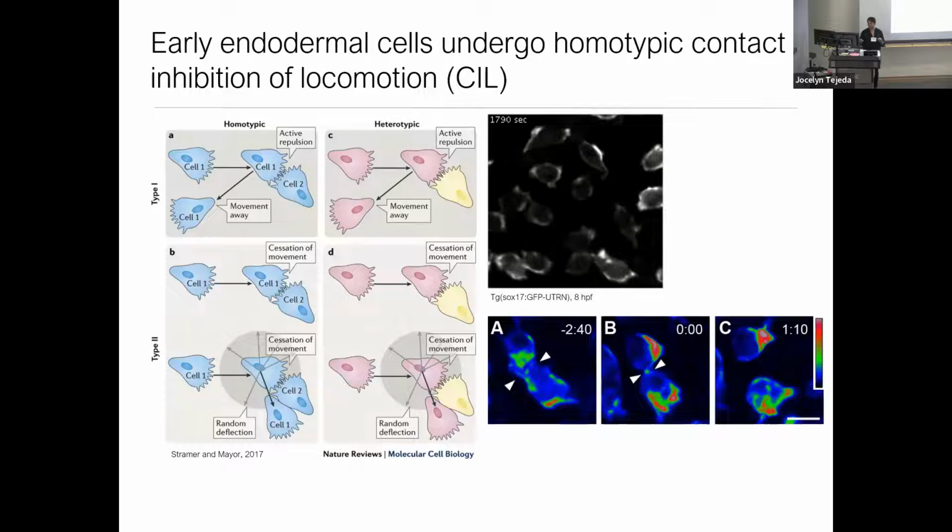This is followed by membrane retraction of those contact sites and a reorientation of the actin-rich leading edge. That seems to be what allows cells to push away and move off in different directions. So these observations suggest that endodermal cells are undergoing type 1, or active repulsion type, CIL.